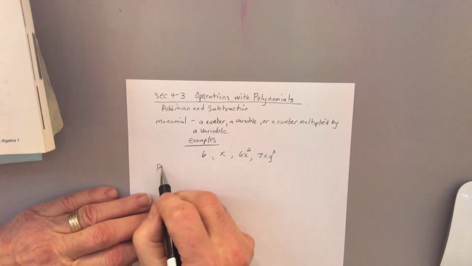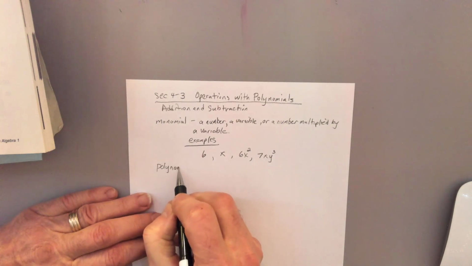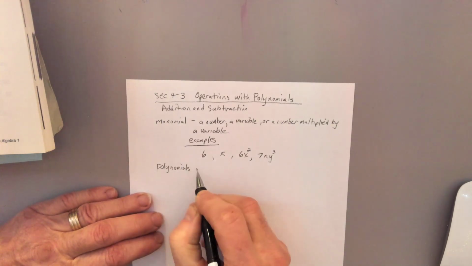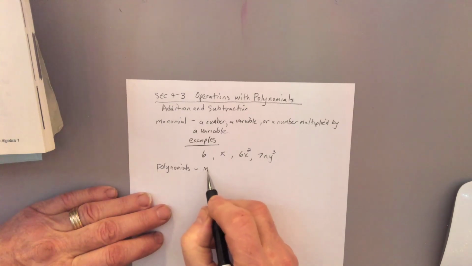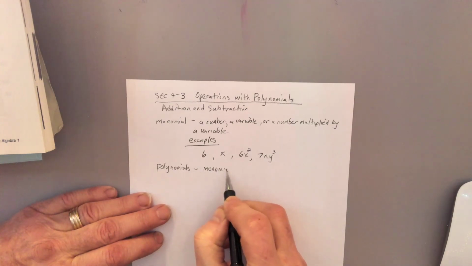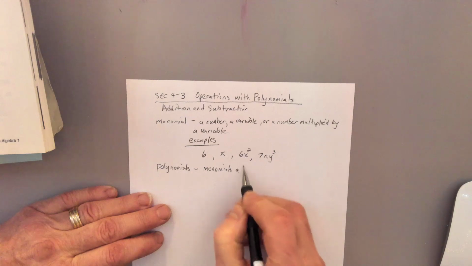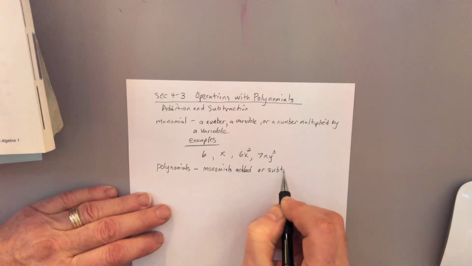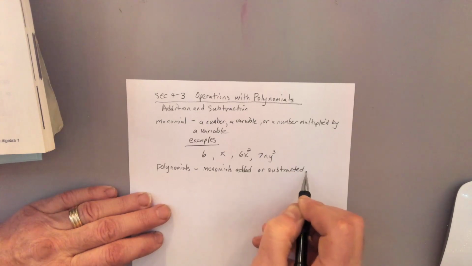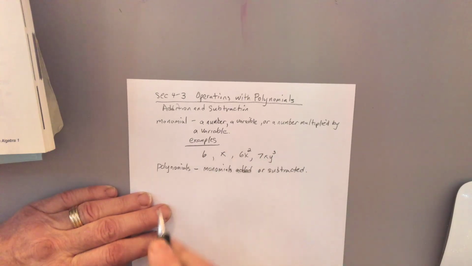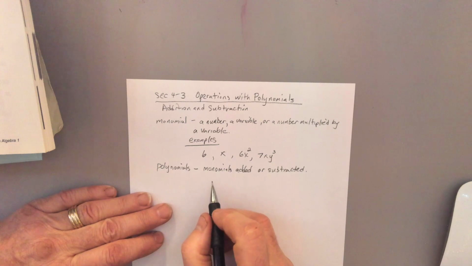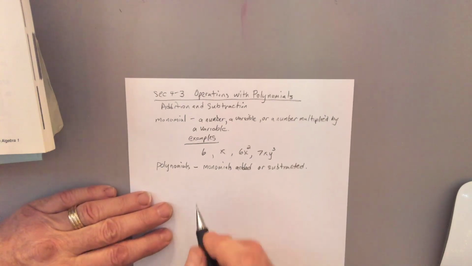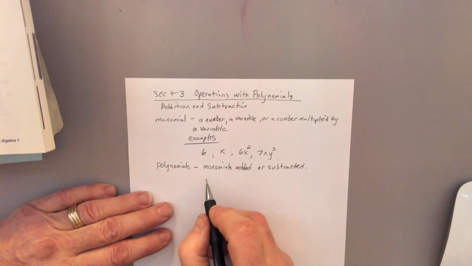A polynomial then is when I take several monomials, at least two, and put them together, added or subtracted. Technically these are polynomials too, but we don't usually talk about monomials as being polynomials.